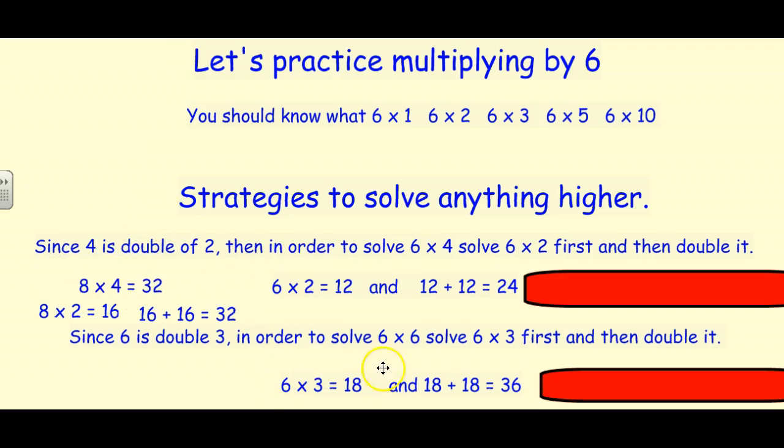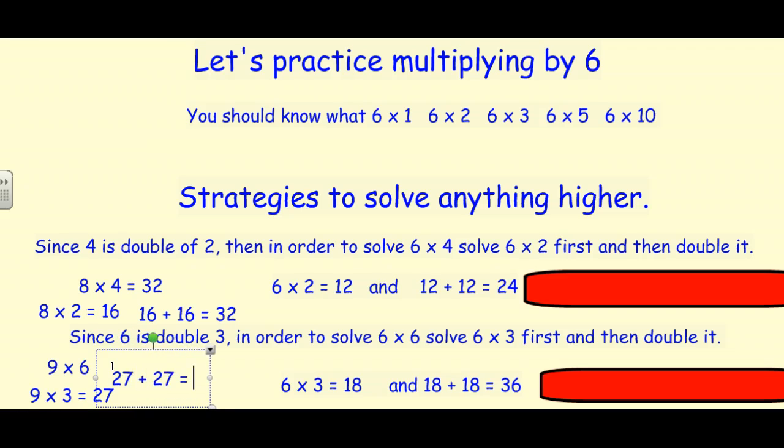Okay, let's try one using this strategy if we're multiplying something by 6. So I'm going to go up to a higher number. I'm going to do 9 times 6. So I'm going to start by doing 9 times 3. And I know that 9 times 3 gives me 27. So now all I need to do is double 27.